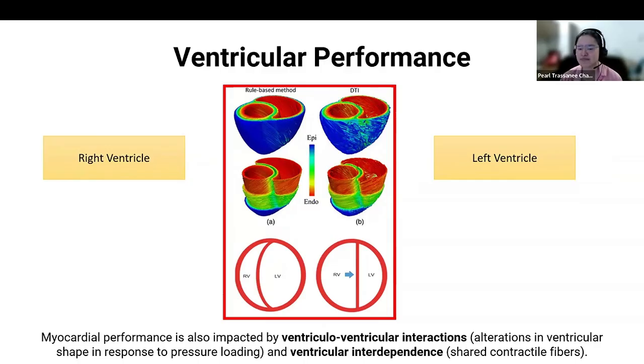The second concept is ventricular interdependence. The images at the center of the slide highlight the complex myocardial fiber architecture of the heart. The right and the left ventricles are not composed of completely separate muscle units. Instead, they share contractile fibers that wrap across both ventricles in a continuous three-dimensional network.